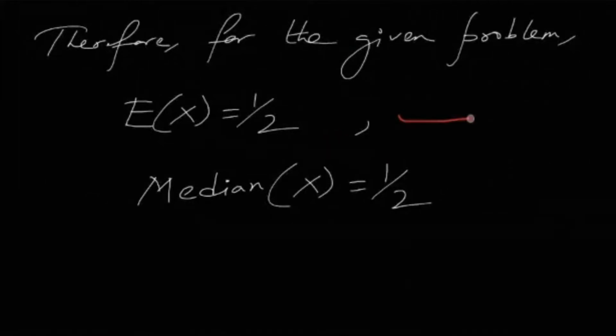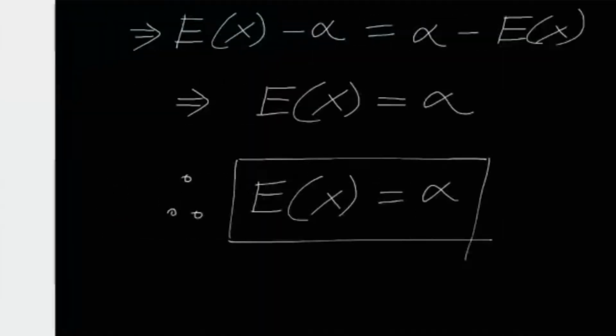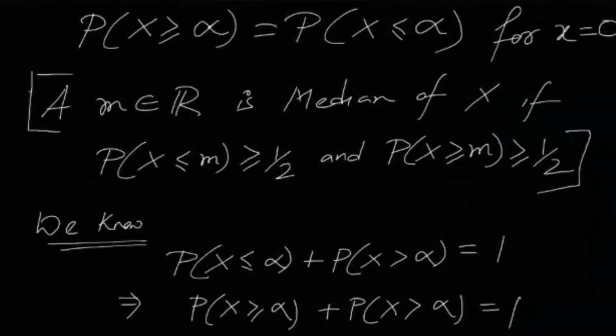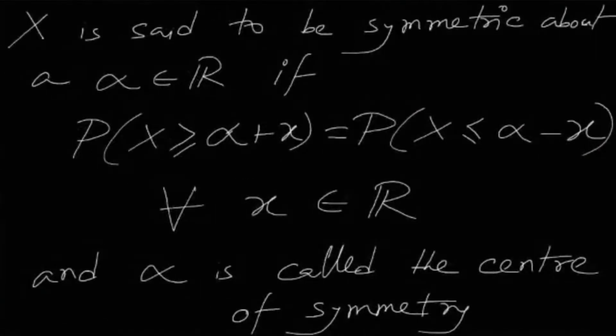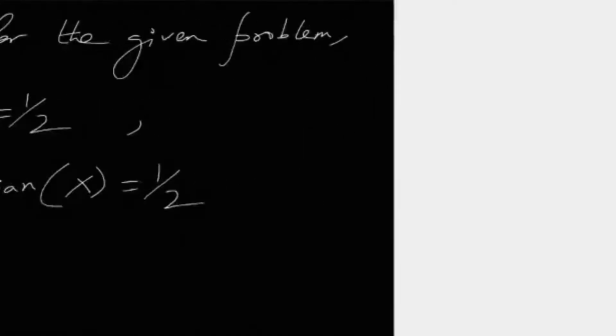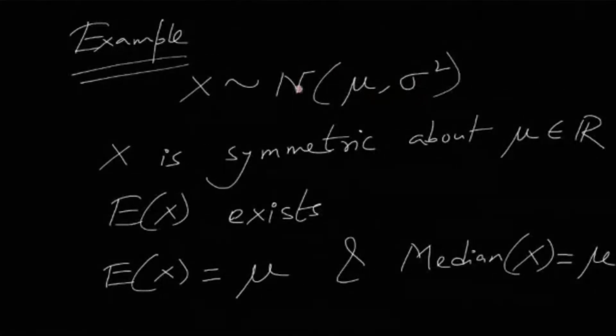Now you can also use a very simple idea for this problem. This is a very subjective approach, an easier way if you are given just an MCQ. You can take a very easy example, say x follows normal mu comma sigma square, right? If x follows normal mu comma sigma square, we know the graph of x.